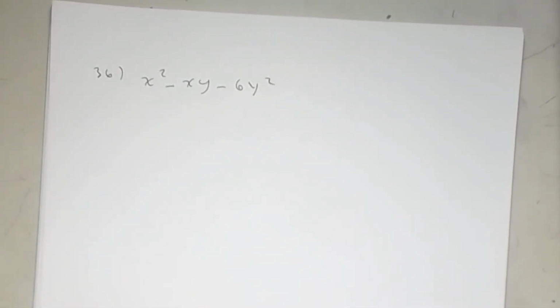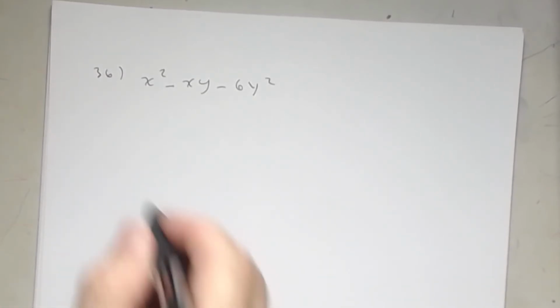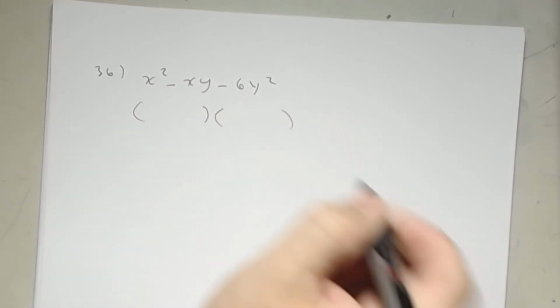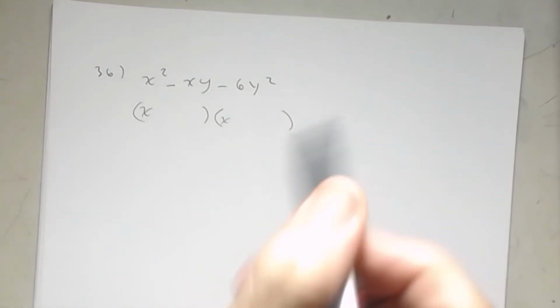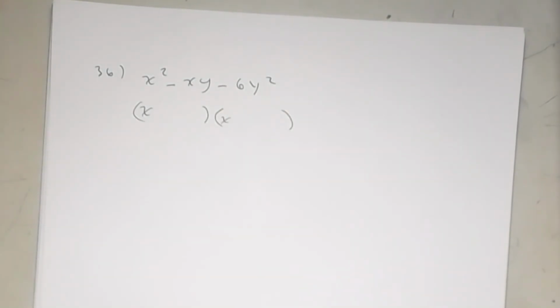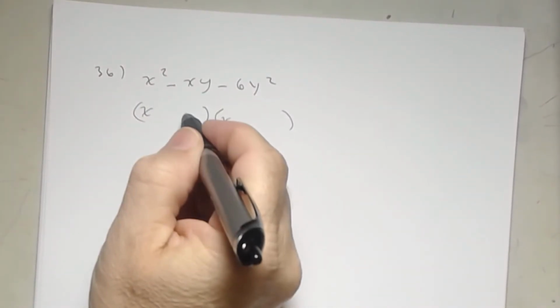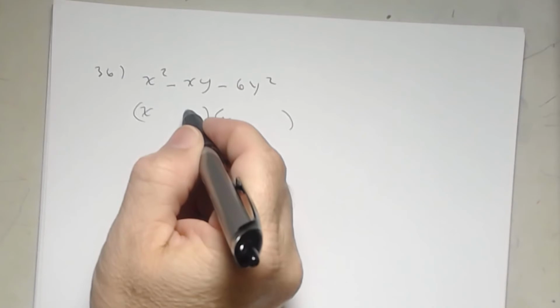What's the GCF? 1. And it's a trinomial, so you can do the two binomials, right? The first is easy. What goes here? Now let's talk about 6. There are two possibilities, 3 and 2, or 6 and 1. What do you want to try? 3 and 2.